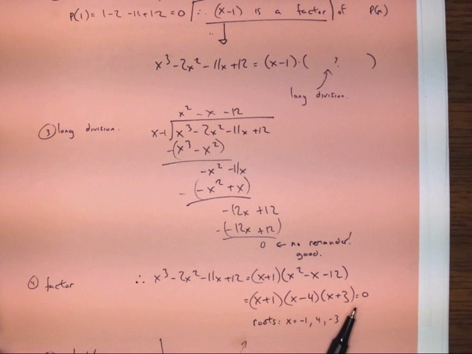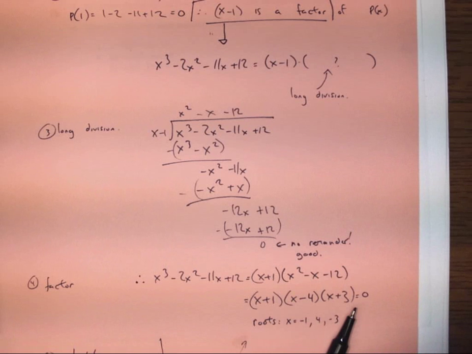I'm sorry, guys. I have to pull up Desmos to check this because that just seems bizarre. Alright, y equals x to the power 3 minus 2x to the power 2 minus 11x plus 12.